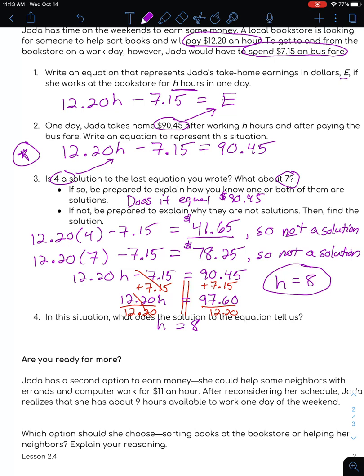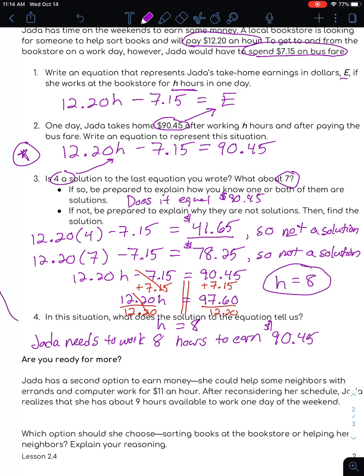So in this situation, what does the solution of the equation tell us? So Jada needs to work 8 hours to earn that $90.45.